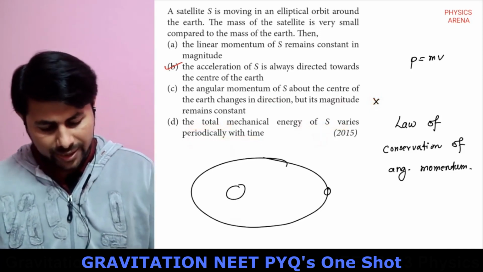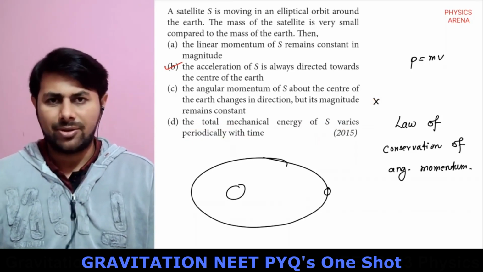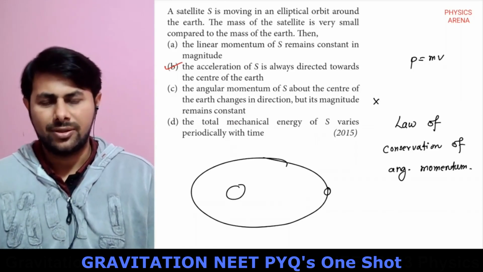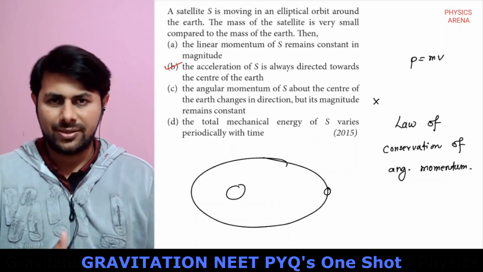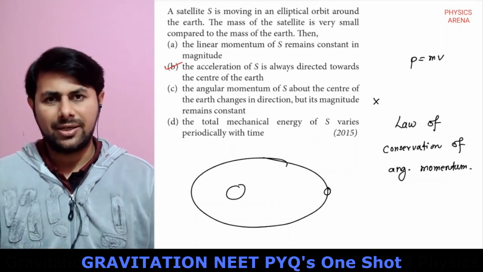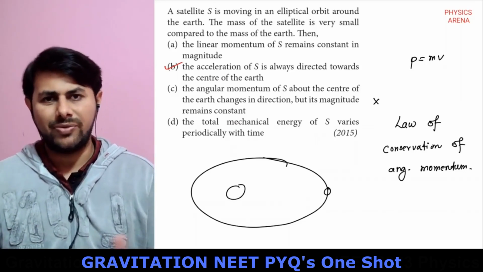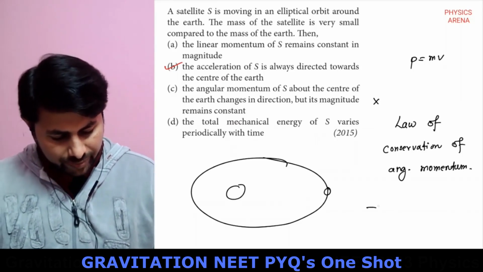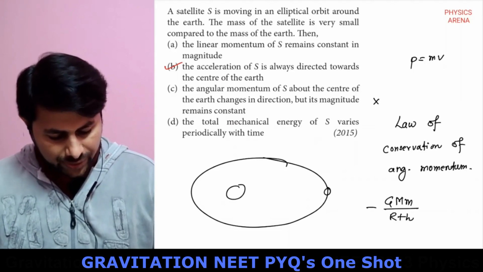So will the total mechanical energy vary? Total mechanical energy will remain constant because there is no external force. If it moves away, speed will decrease, that means the kinetic energy will decrease. But its potential energy will increase. How? Because potential energy is minus GMm upon R plus h.